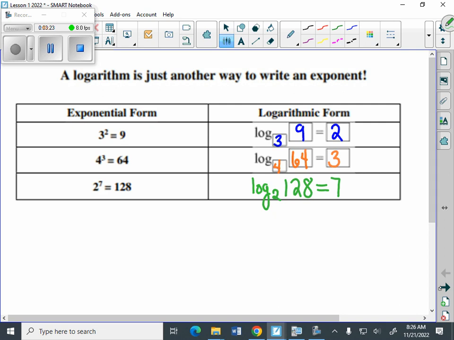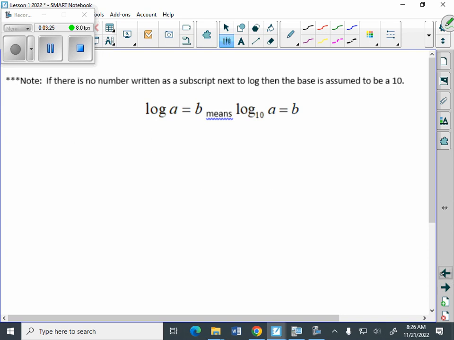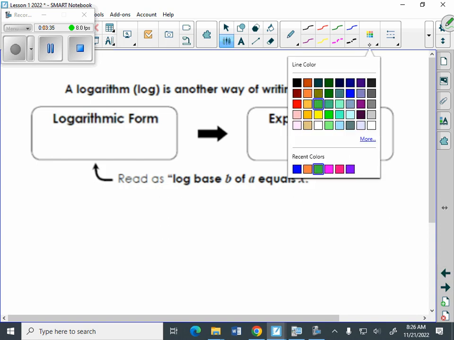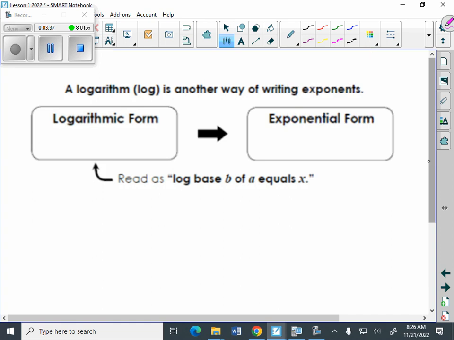So as we flip the page here, again, a logarithm, abbreviated log, is simply another way of writing an exponent. So if we take this, the logarithmic form is read as log base b of a equals x.